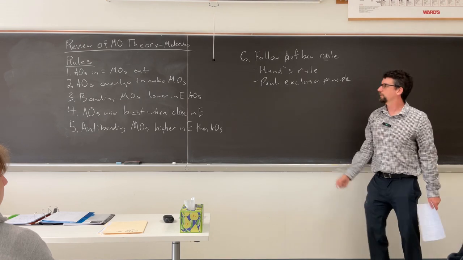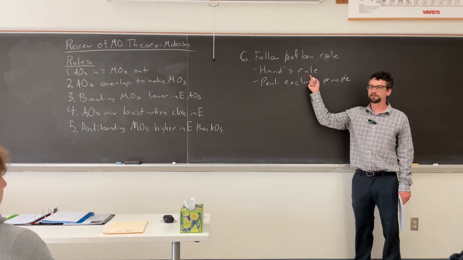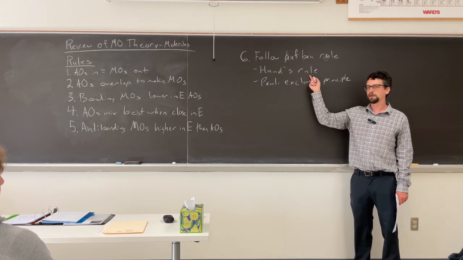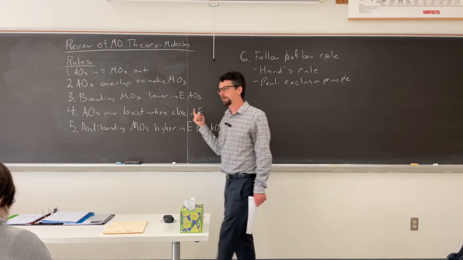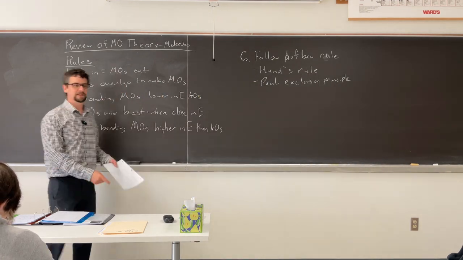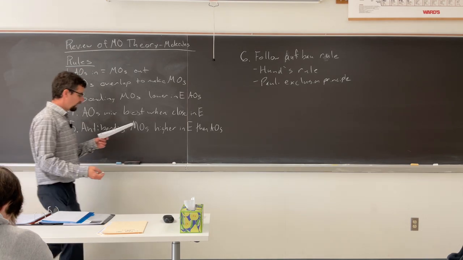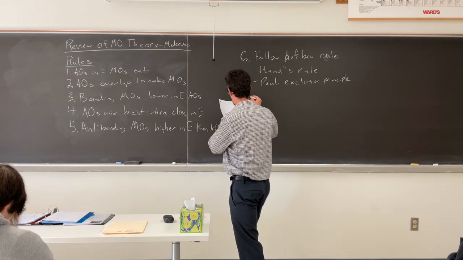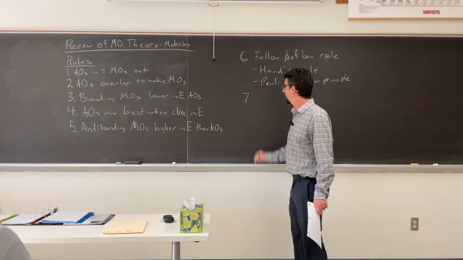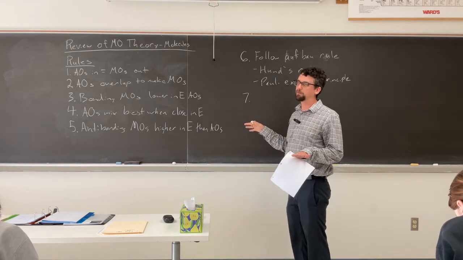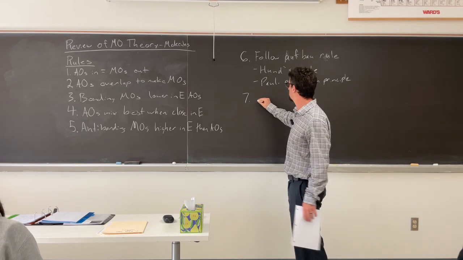Yep, Hund's rule, how do we fill electrons? Yep, exclusion principle, what's that one state? Opposite spins, can't have the same quantum numbers. Yep, we're missing one more though, a really important one. Yeah, symmetry. AOs are only permitted to mix if they have correct symmetry.